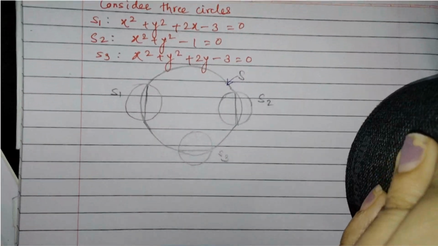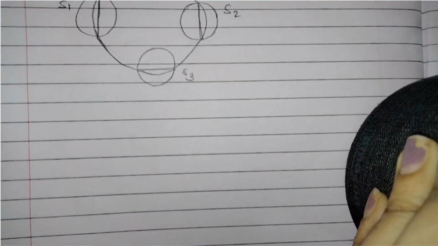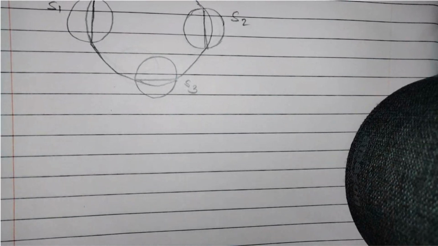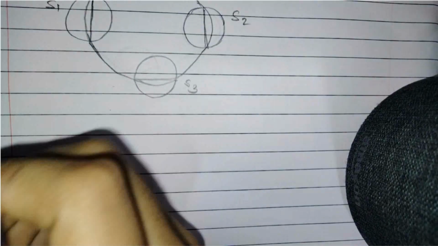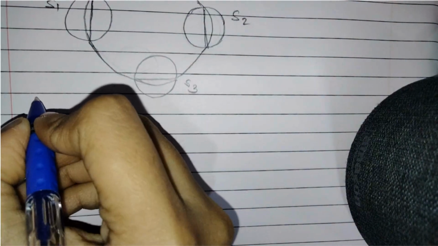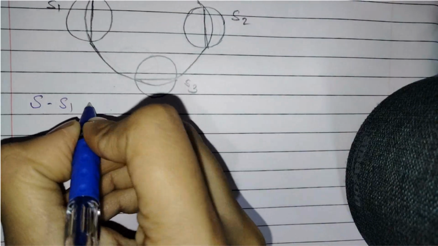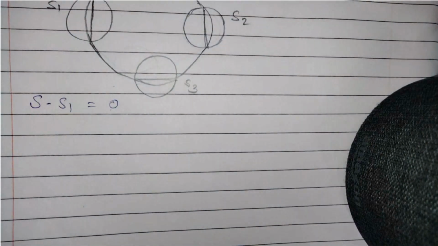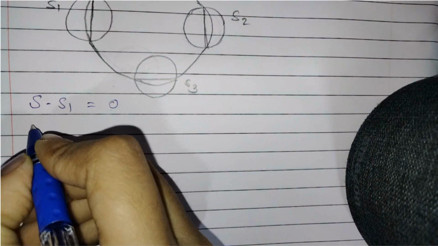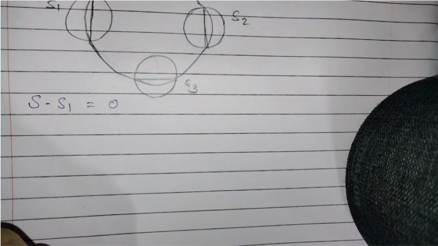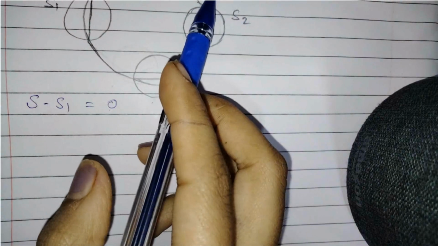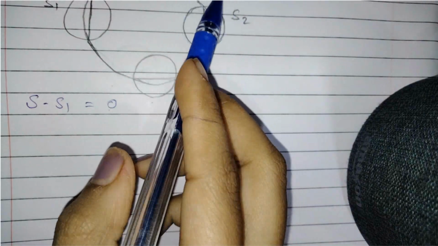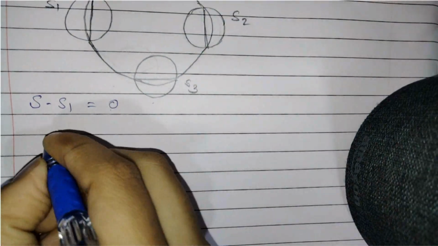First we will find out the equation of the common chord of the big circle S and S1. So the equation of the common chord will be S minus S1 is equal to 0. Before that, to find the equation of the common chord, we will need the equation of the big circle S. We will also have to write that.